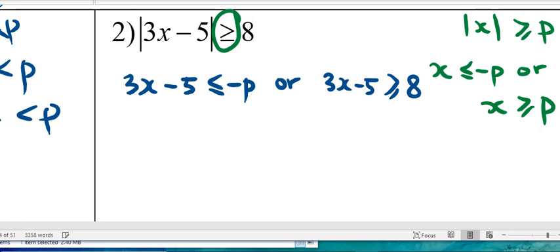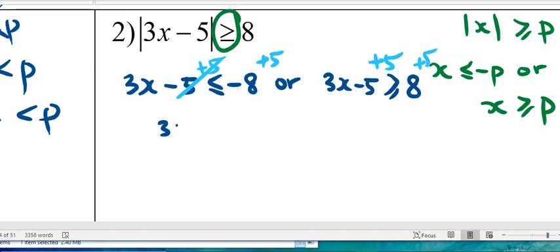p. Since I already know the p value, just substitute it in. Again, to get rid of 5, you need to add 5 to both sides. Just do it one by one.